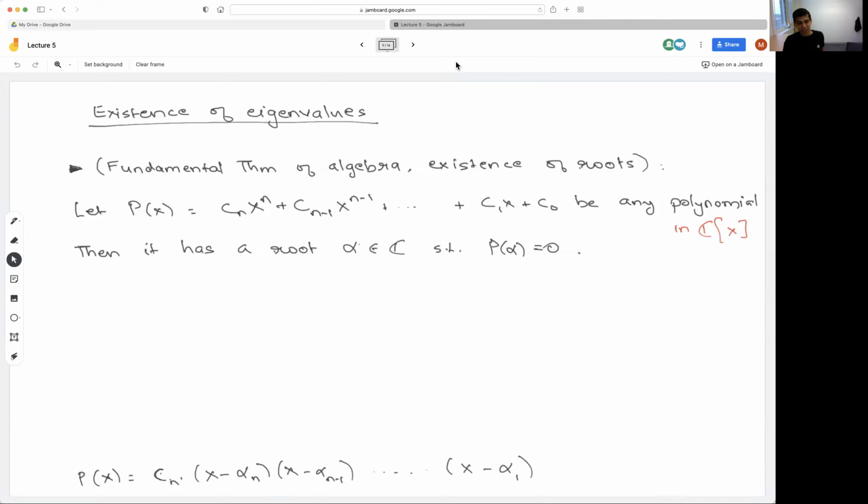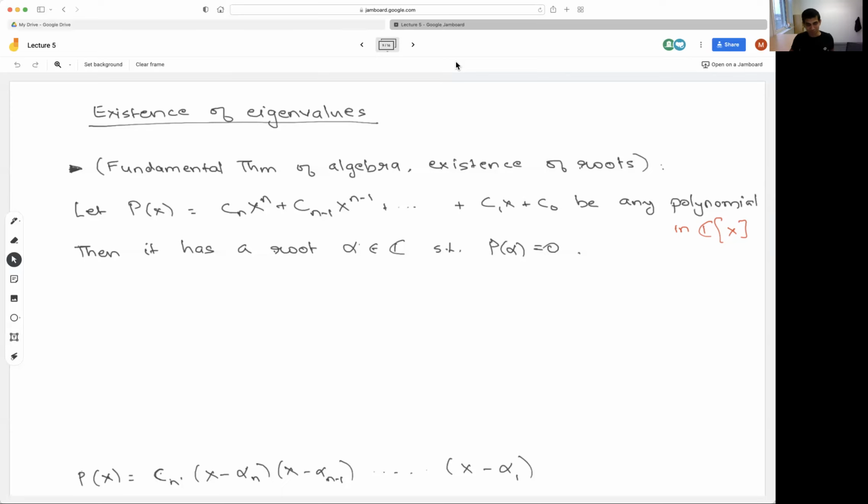So there is some complex number alpha such that P of alpha is equal to 0. Okay, this is called the fundamental theorem of algebra. You might have seen it in undergrad, but it's just that any polynomial has a root over the complex numbers. Okay. And this is sort of like there exists an eigenvalue, and we'll use this to prove it.